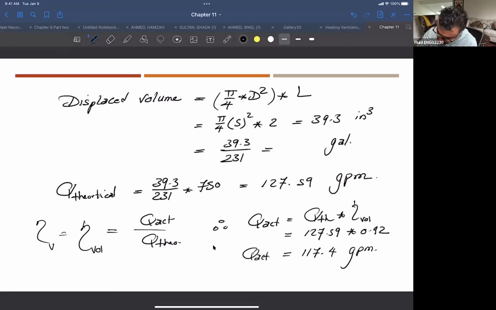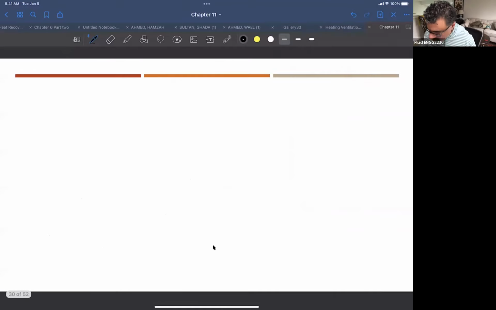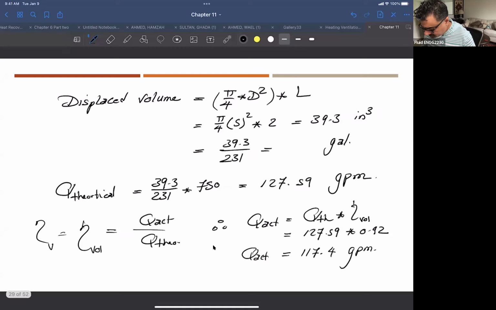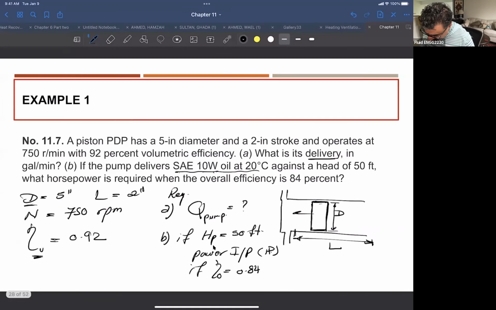Okay. So now, if I know the overall efficiency, this was the first part, this is A. The second one: if I know that the head of the pump is 50 and the overall efficiency is 84, I need to find out the input power.